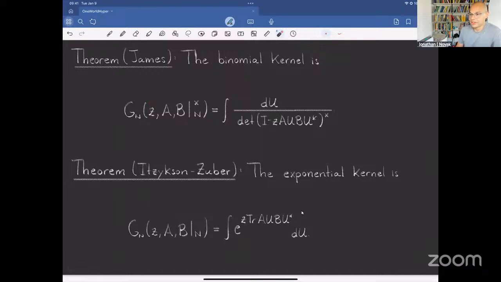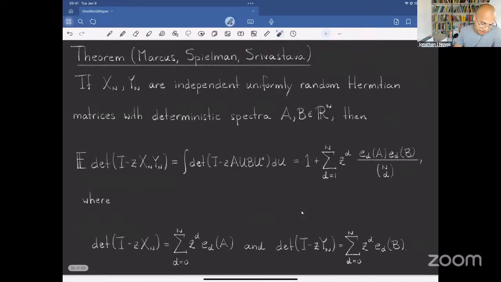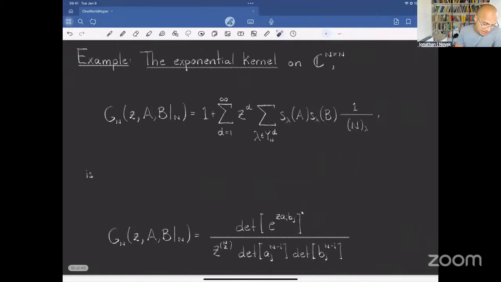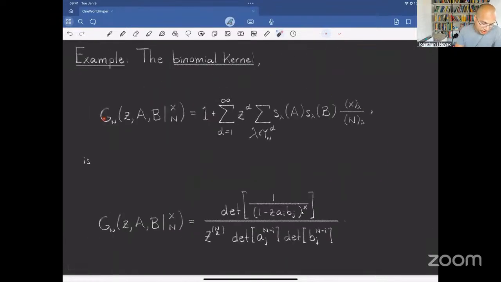Okay, so there's a huge amount of information in this statement here, right? If I set x equal to -1, I'm getting exactly this integral. And the definition of this binomial kernel is this power series.